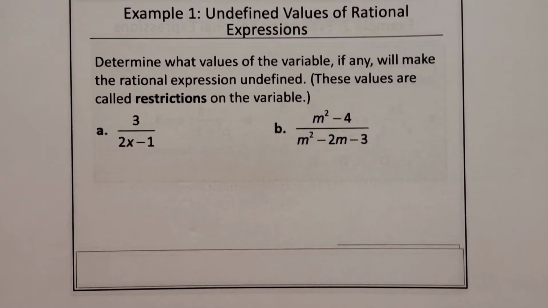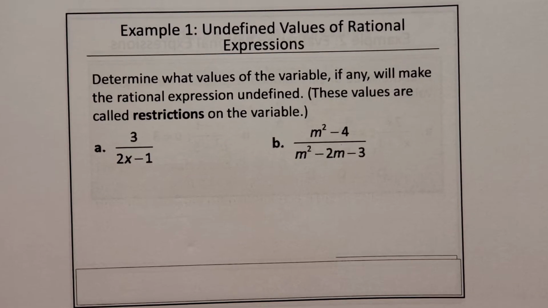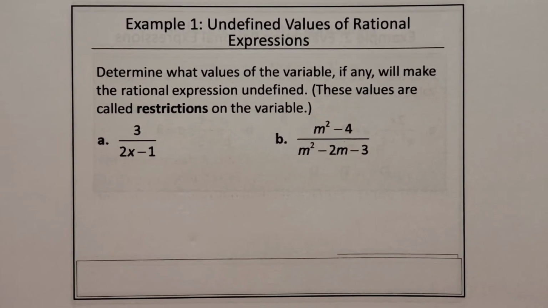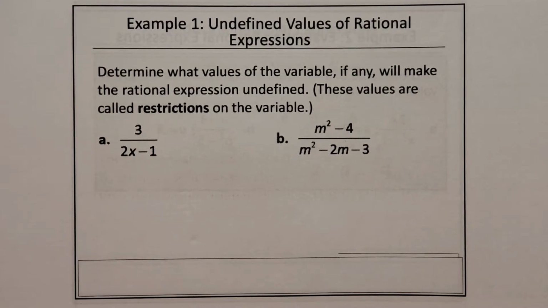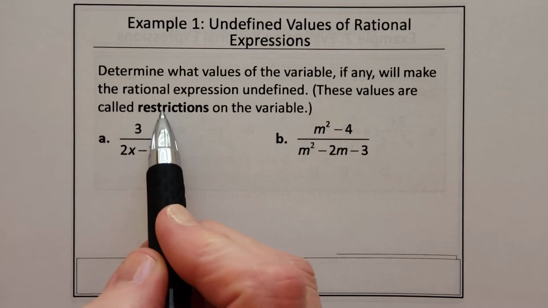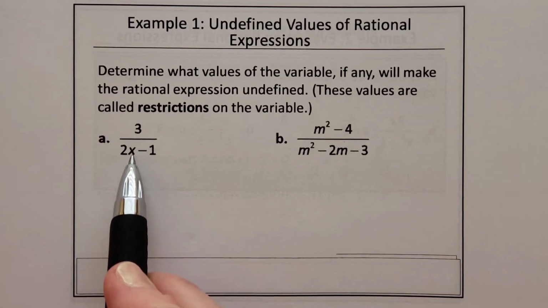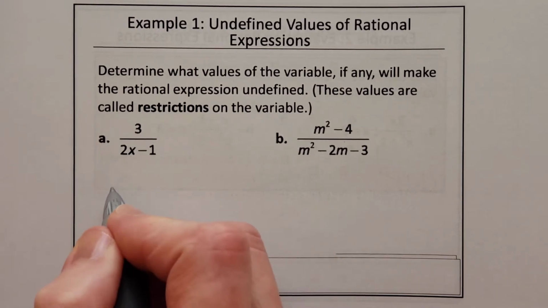So, for example, if we have a fraction or a ratio of two rational expressions, it's a valid value unless the denominator is equal to 0. So it's asking us, what are the restrictions on this variable? What could that variable not be? Well, the only way to figure out what that variable could not be is by setting the denominator equal to 0.